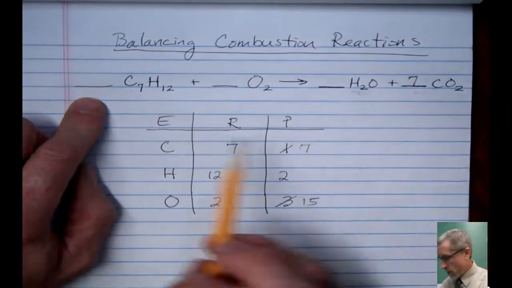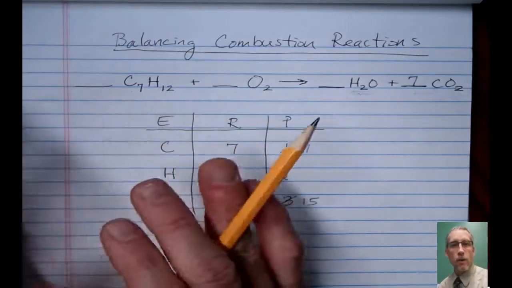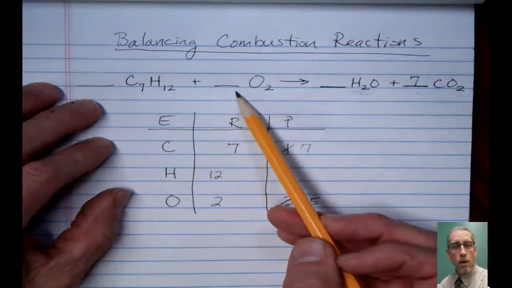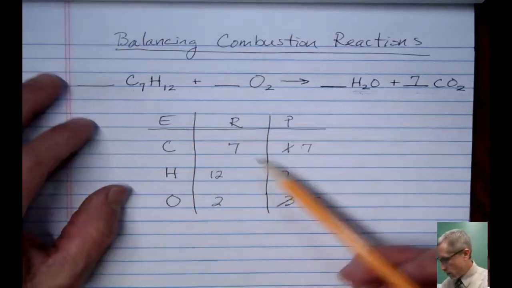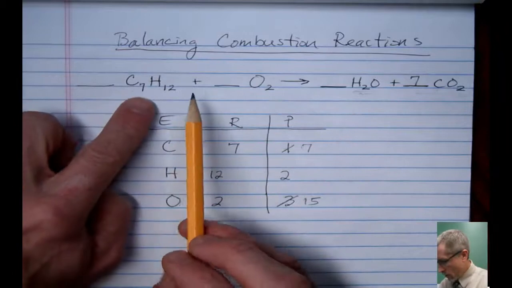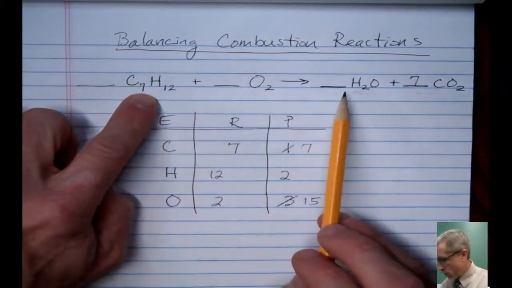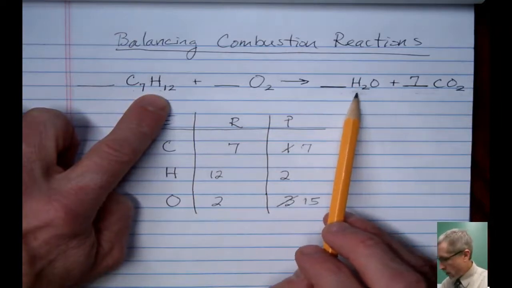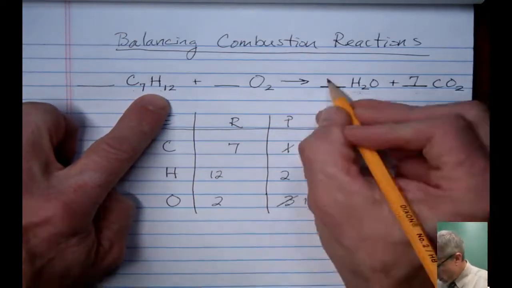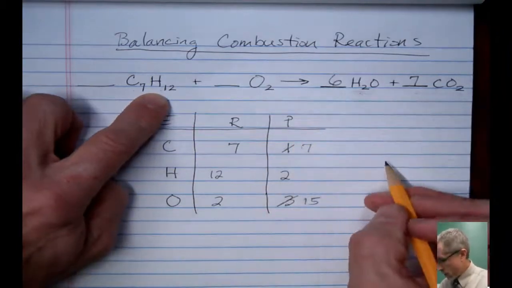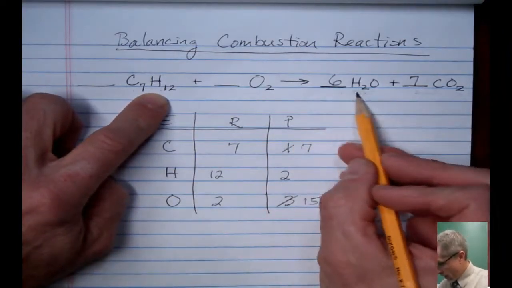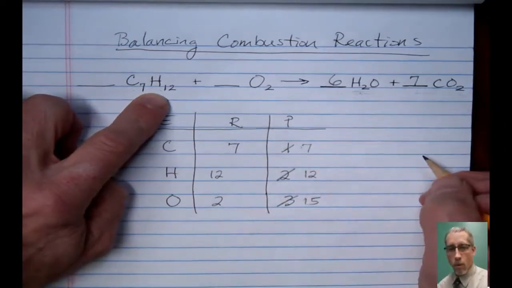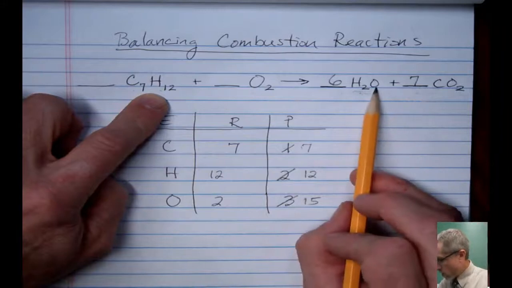Okay, let's do the hydrogen next. I always recommend you wait till the end to do the oxygen, because you can always mess with this last oxygen on the reactant side to keep things balanced. So right now we've got 12 hydrogens here, but only 2 over here. So I need 6 times as many on the product side as what I have represented here. So if I change that to a 6, that means I now have the 12 hydrogen atoms I was looking for, but I've also changed my oxygen.